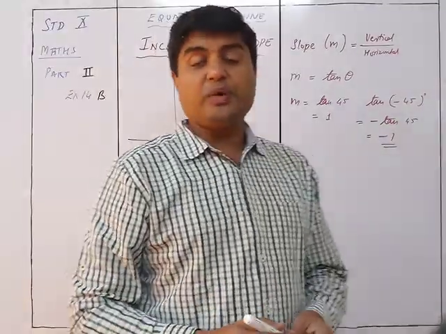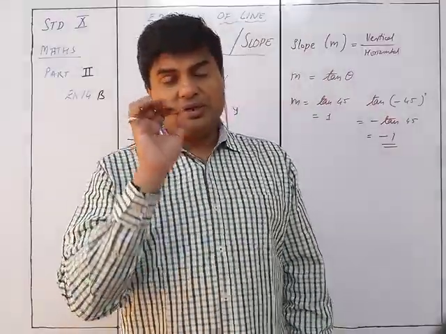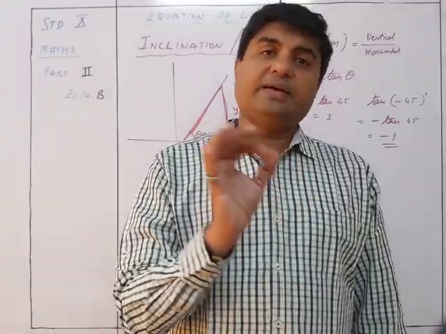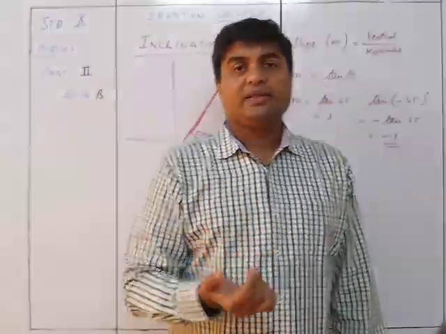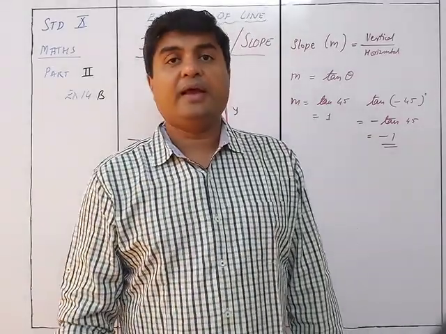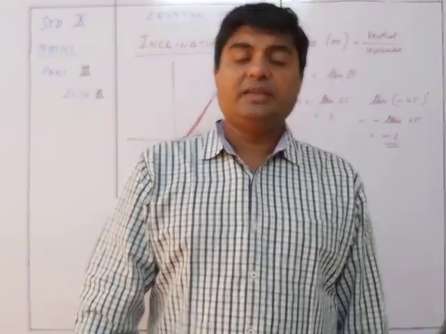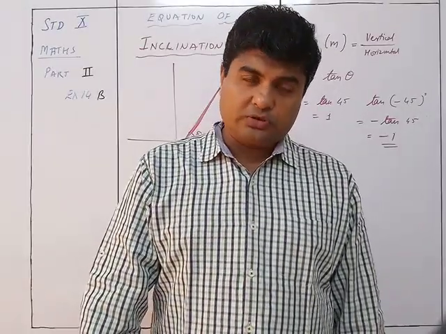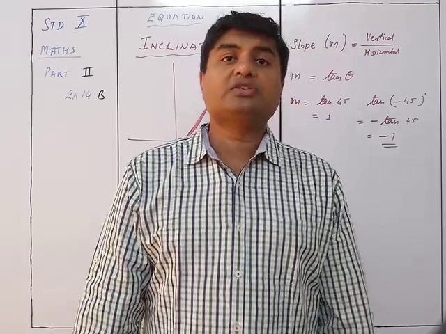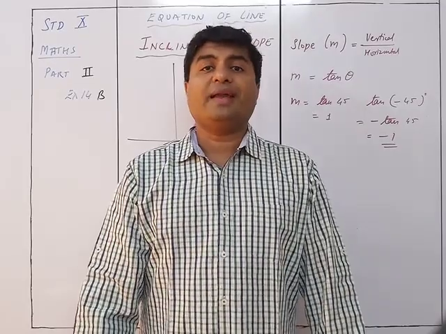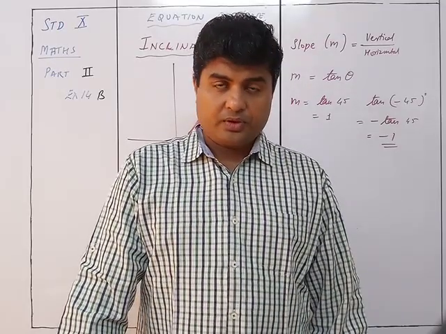So the difference between the positive and negative value of tan is the sign itself. If the inclination is negative, then we take a negative sign, and if the inclination is positive, then we take a positive slope. So the slope will be positive for positive inclination and negative for negative inclination, right?